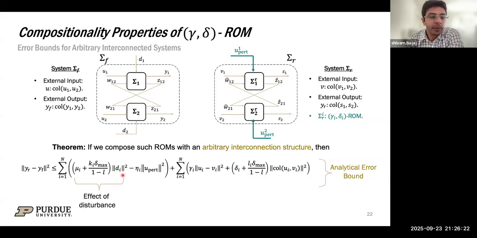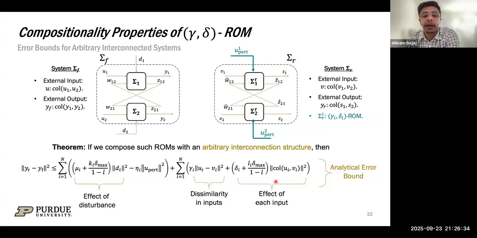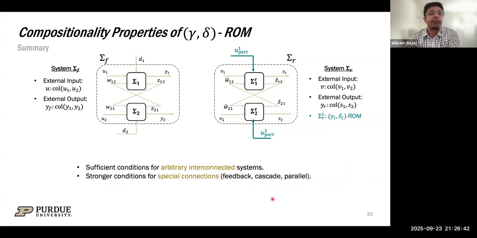Okay, so that's what delta max is. The third term in this expression corresponds to the dissimilarity in the external outputs. And again, if my external outputs are the same, this term is 0. And finally, the fourth term characterizes the effect of each external input to these two systems, sigma f and sigma r. Okay, so I know this slide is a little heavy.